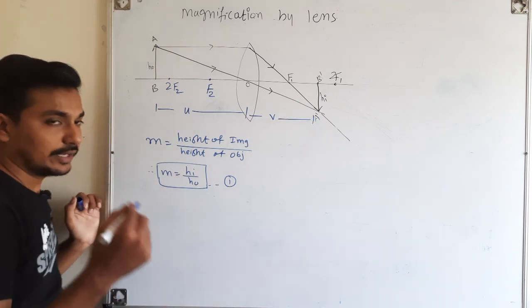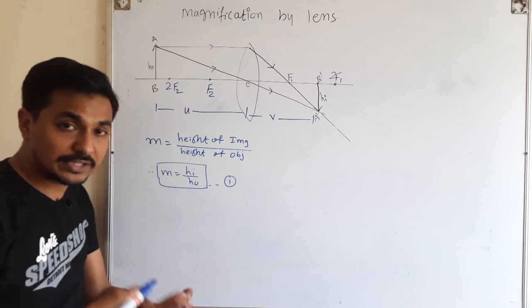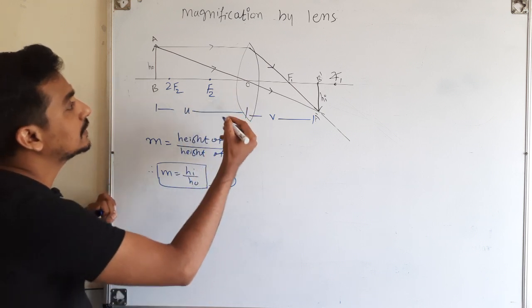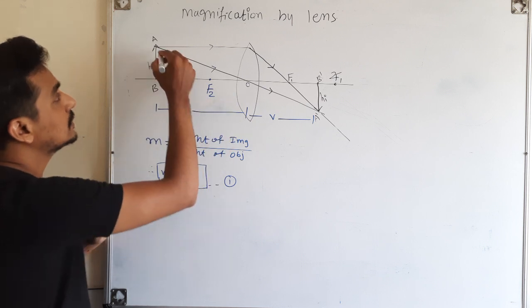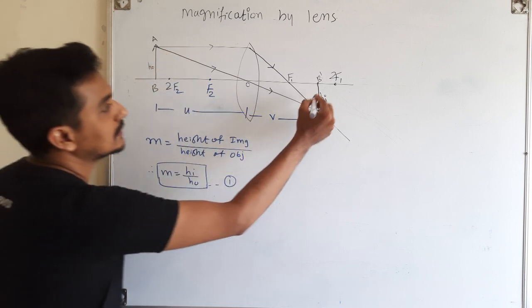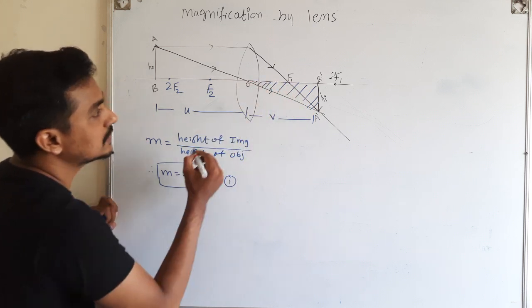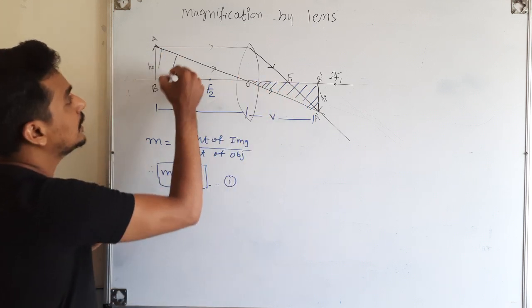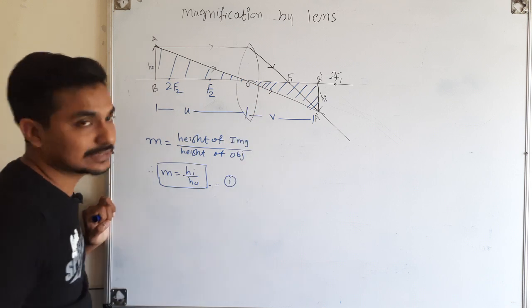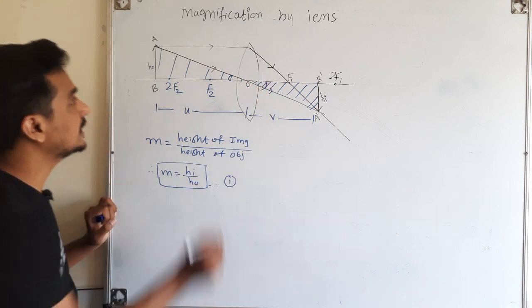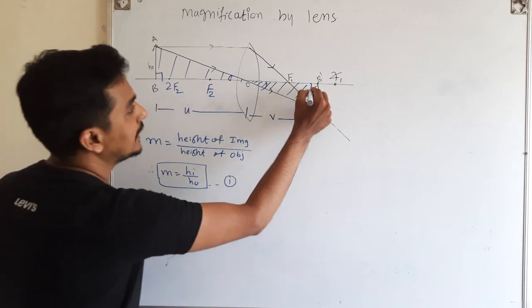In the derivation of the lens formula, we obtained that this triangle A dash B dash O and triangle ABO are similar, because these two angles are opposite angles, and this angle is 90 degrees.